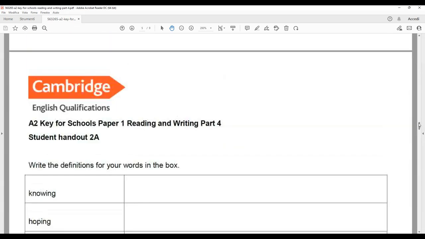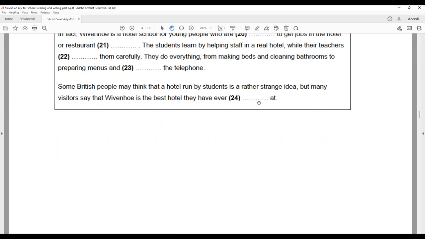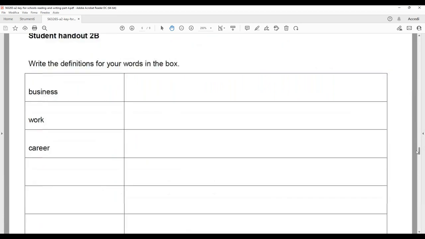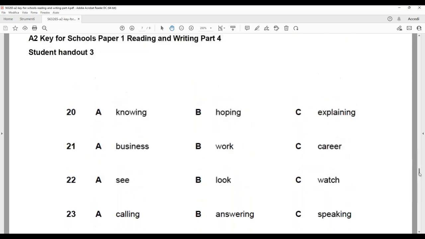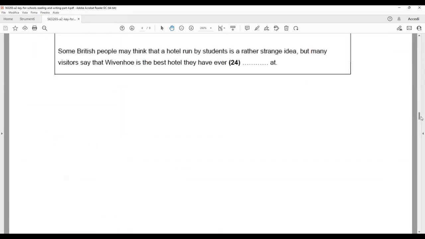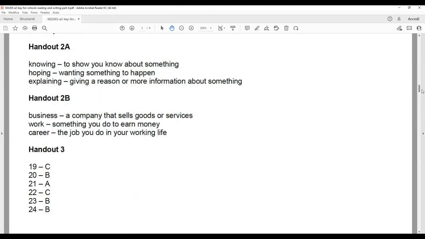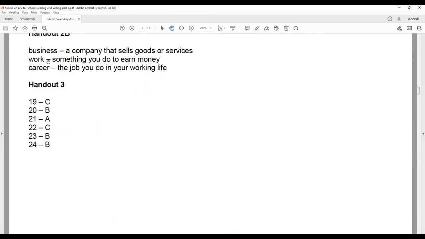Wyvern Hotel is the best hotel they have ever stayed at. Not gone, not entered, but stayed. So let's check the answer key and see what our choice should have been. So 19C, difference.